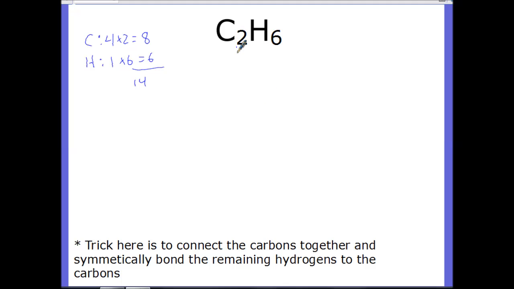Now the trick here is we're going to bond the carbons together, and whatever is left in the formula, you're going to symmetrically, or as symmetrically as possible, bond them to those atoms that are connected in the chain. So I have 6 hydrogens, so I'm going to place 3 hydrogens on each carbon.